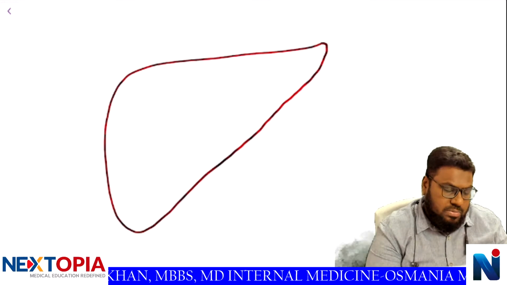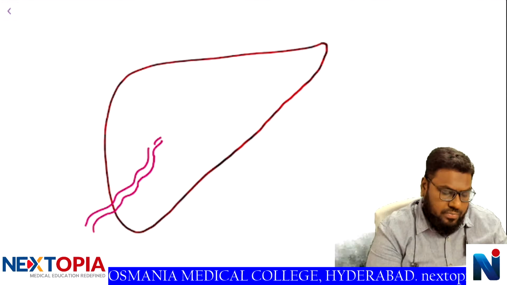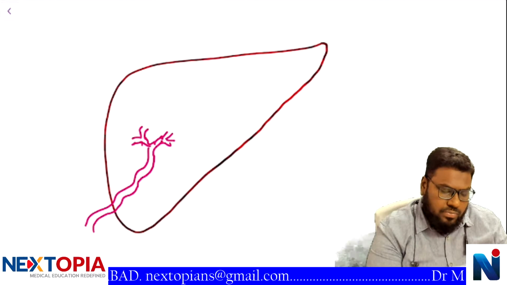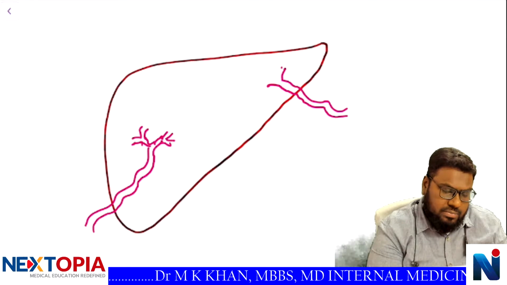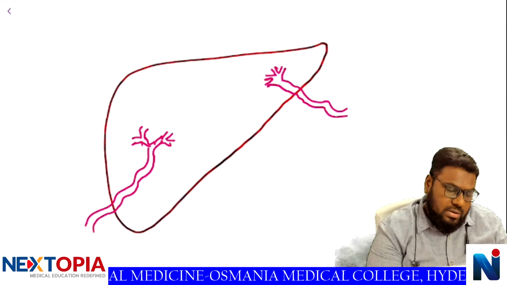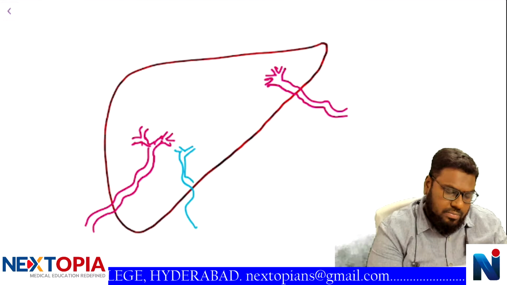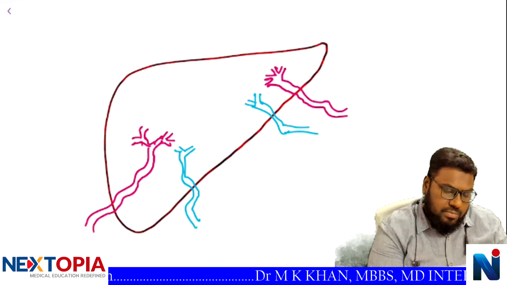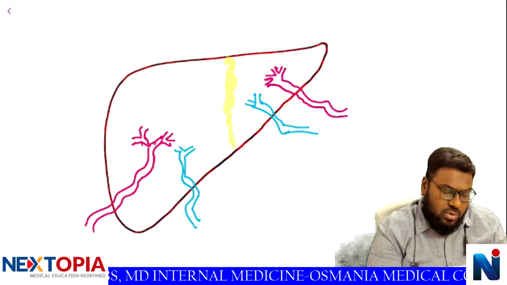Suppose this is the umbilical vein, and this is the left-sided umbilical vein. This is the right vitelline vein. This is the left vitelline vein. This is the demarcation between the right lobe and the left lobe.